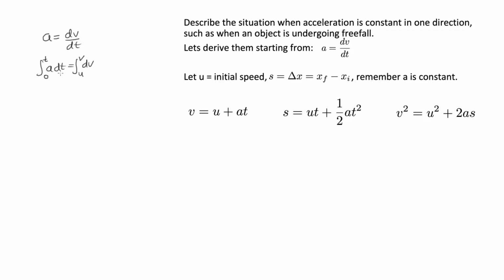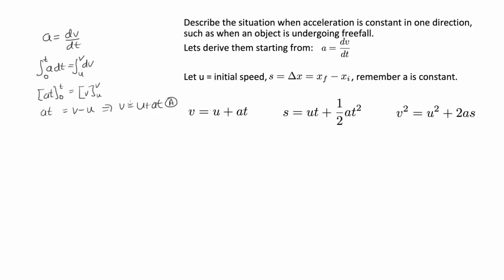So let's do this integration. When we integrate this side, we get at, and that's from 0 to t. And this side here is v, and that goes from u to v. So this tells us we've got at is equal to v minus u. So we can write this as v is equal to u plus at, which is this first kinematic equation here. So let's call that one a.